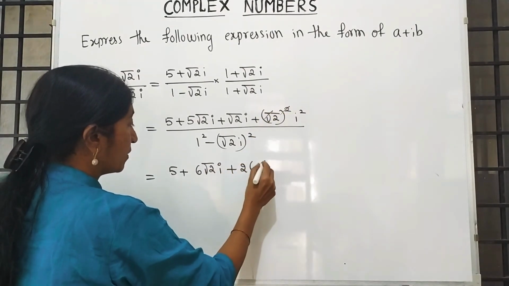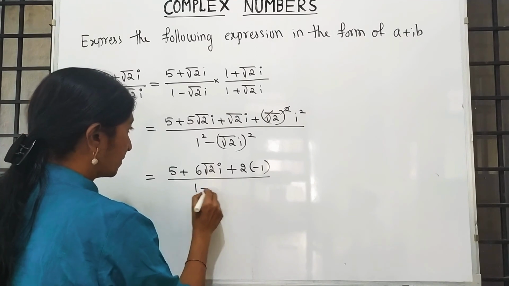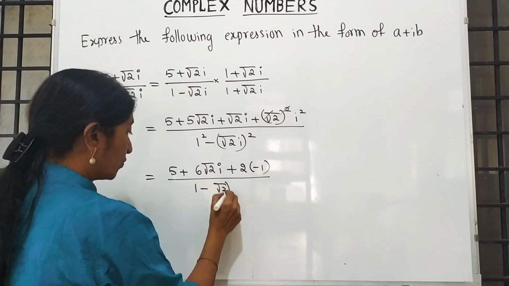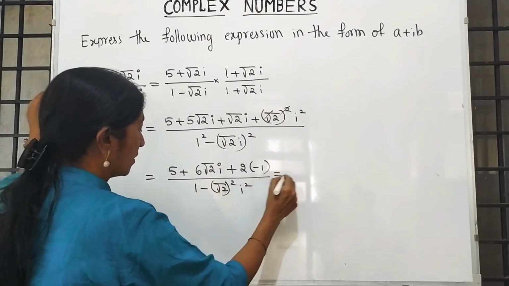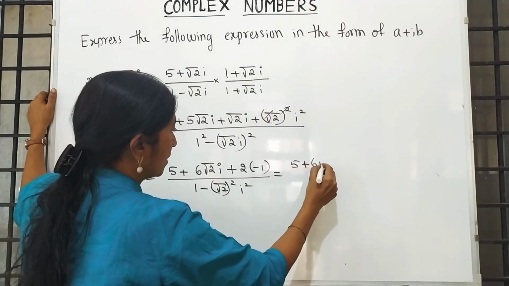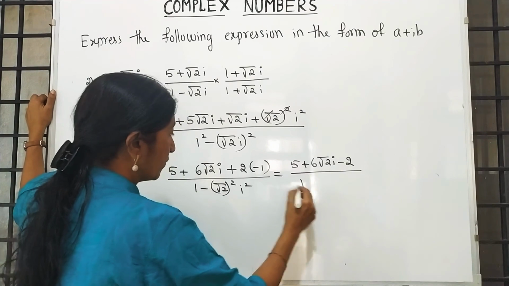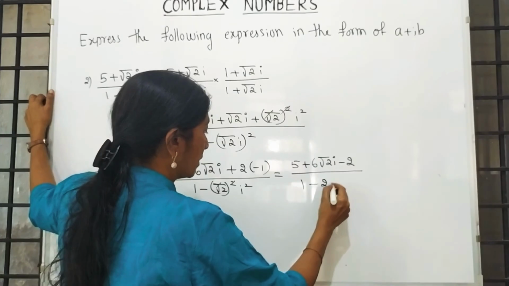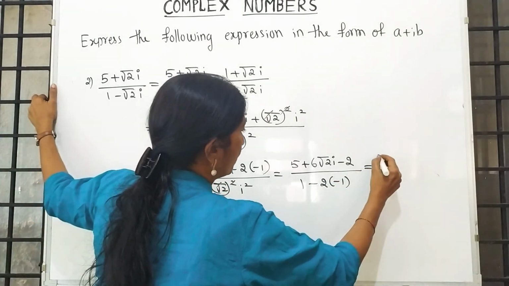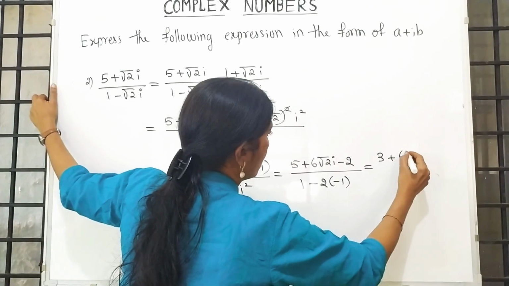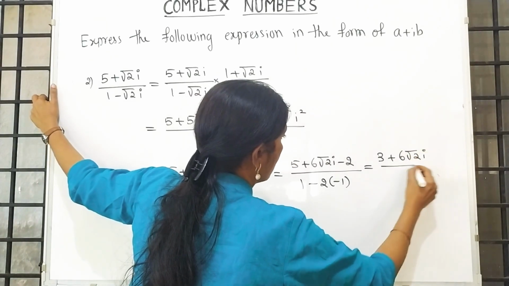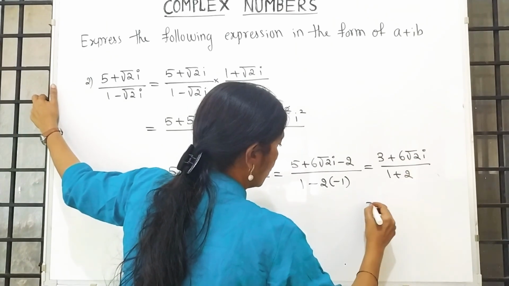I square is minus 1. Here also root 2 square into i square. 5 plus 6 root 2i minus 2 divided by 1. Square root and square get cancels. I square is minus 1. 3 plus 6 root 2i, 1 plus 2.